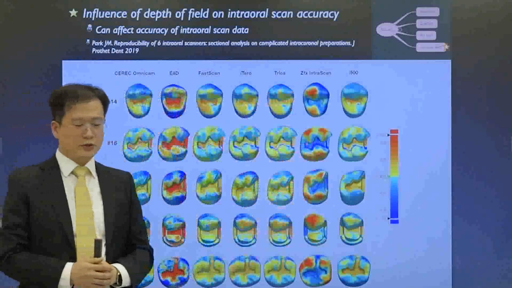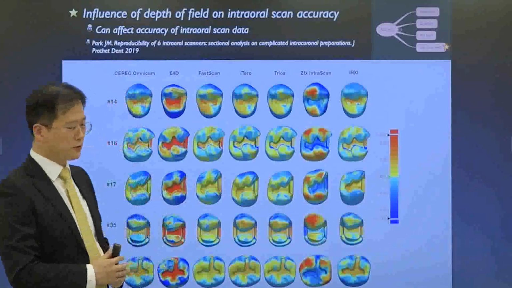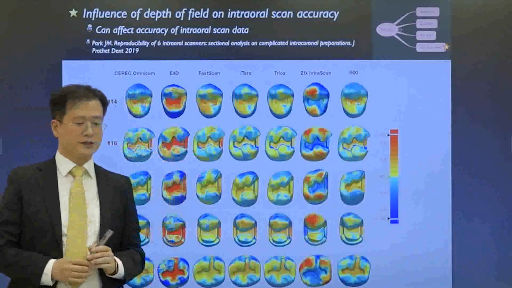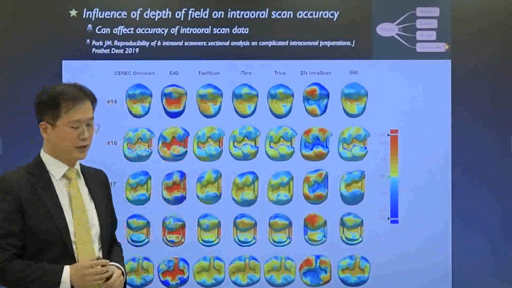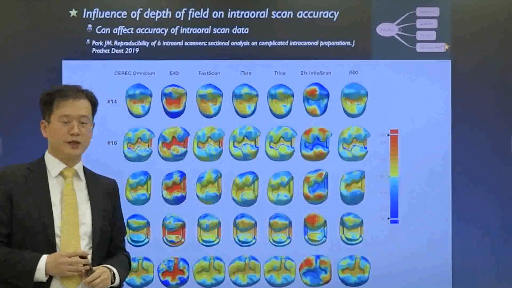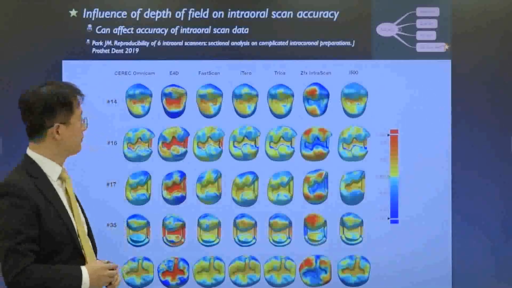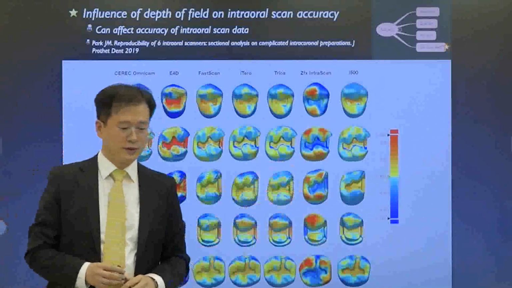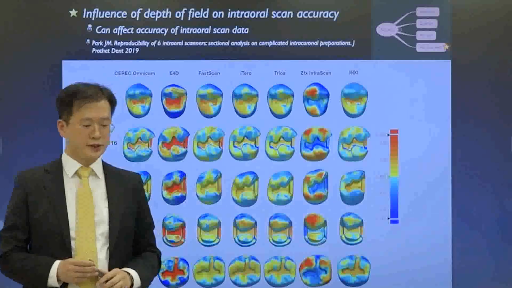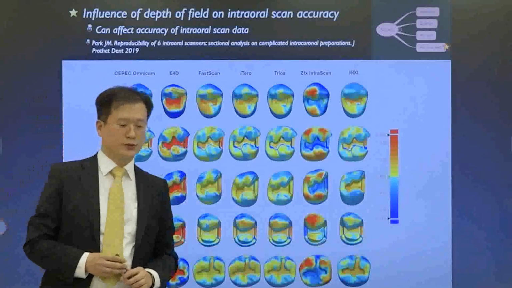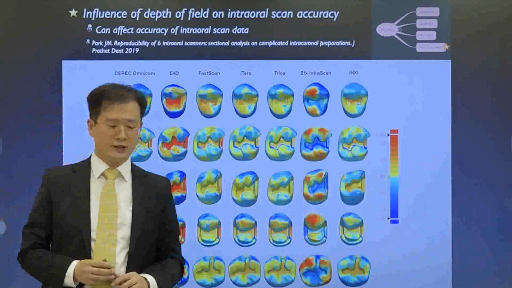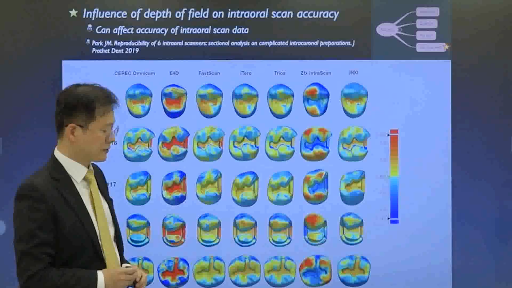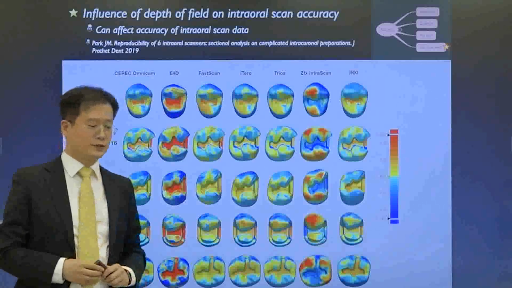Red color means that the scanned inlay floor is higher than it really is, and inlays made from this data may be thin and can easily be fractured. The blue one is lower than it actually is, so the inlay that you make will be high, and you may have to adjust the occlusion. It may take significant time in the clinical situation.